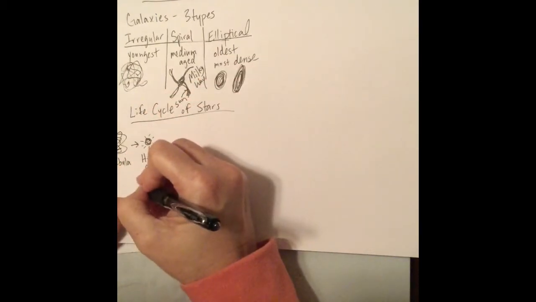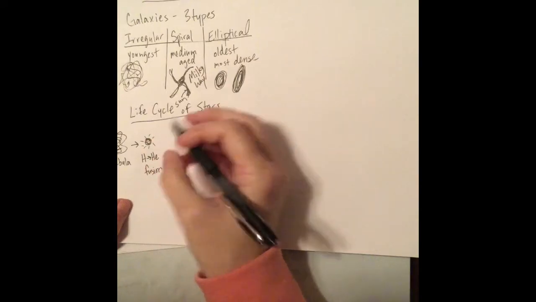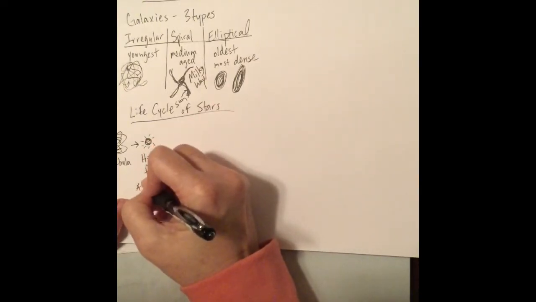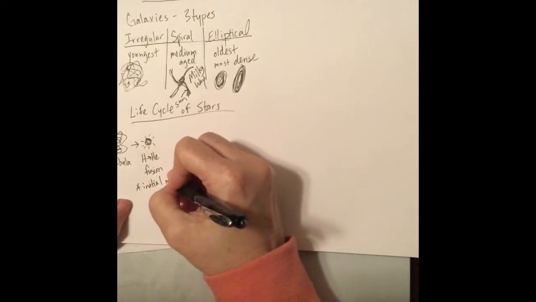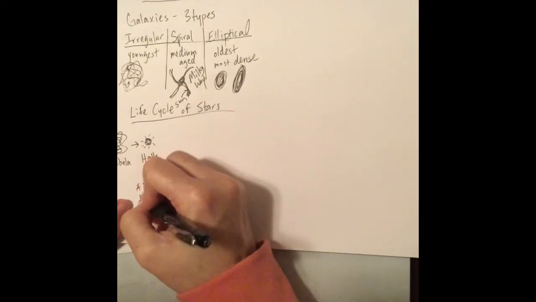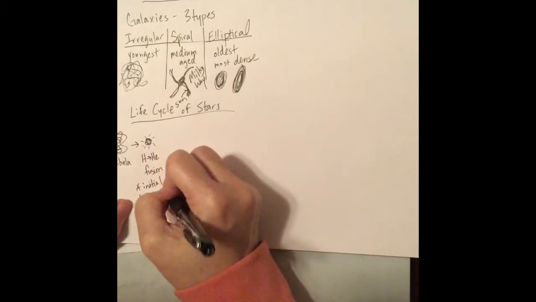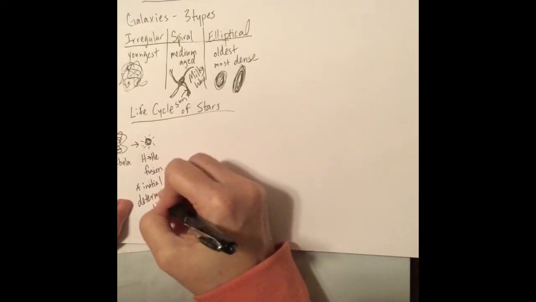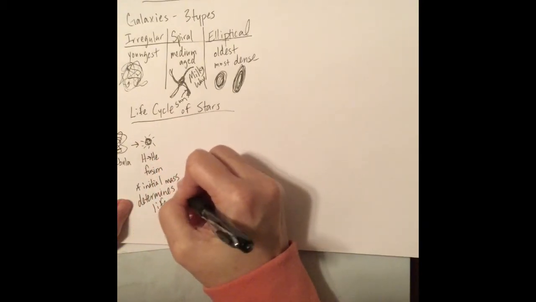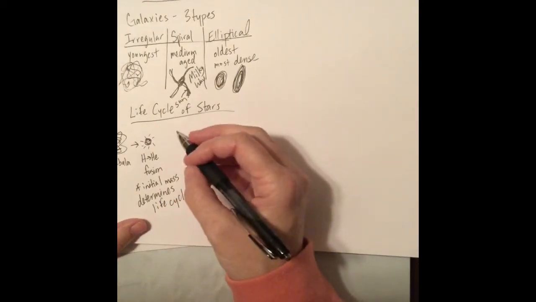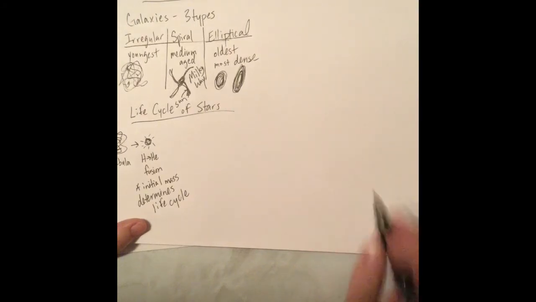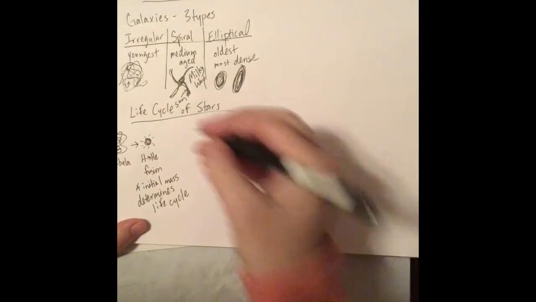The initial mass that protostar has, okay, so the initial mass is what determines the life cycle. So we know at that point whether a star is going to be a giant or a supergiant, and whether it's going to end as a black dwarf or as a neutron star or a black hole.